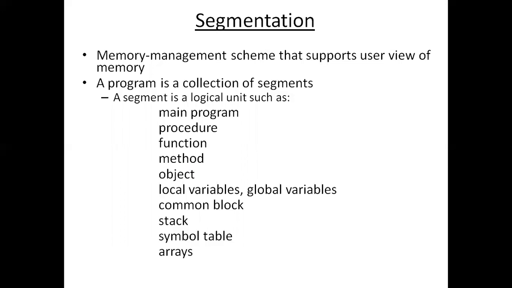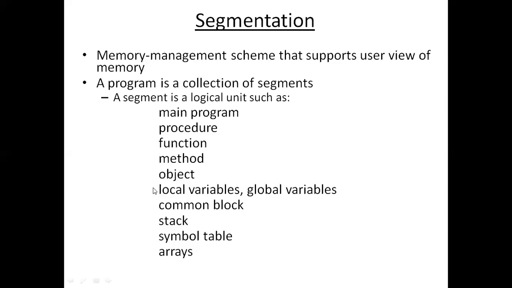Now, when we have the program broken up based on these segments, it makes more sense, right? If a procedure is one segment, you have the entire code of that procedure in one segment, instead of it being broken down so that part of the procedure falls in the second page, as happens in paging.